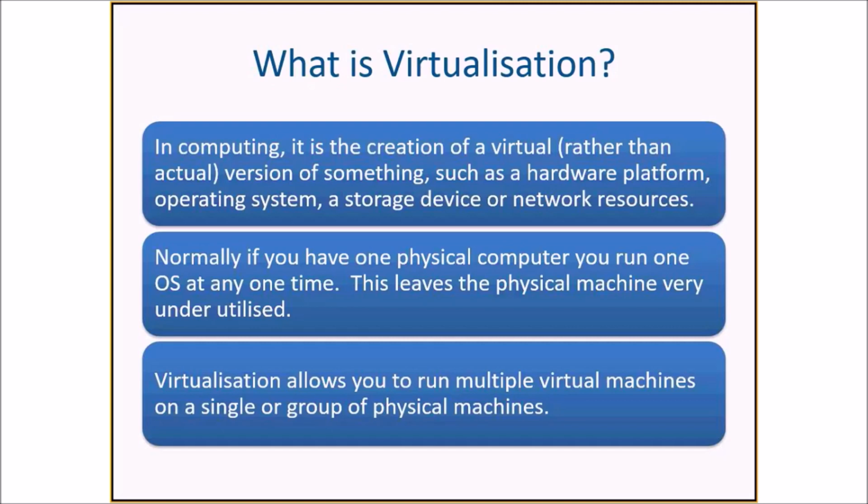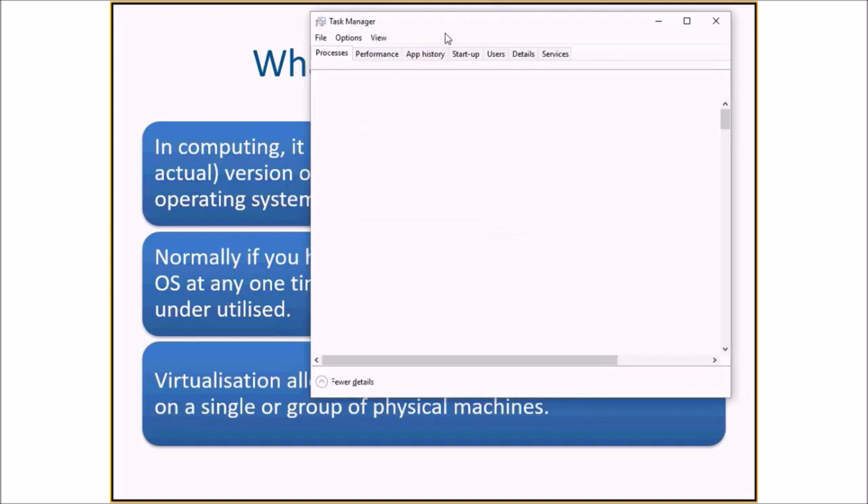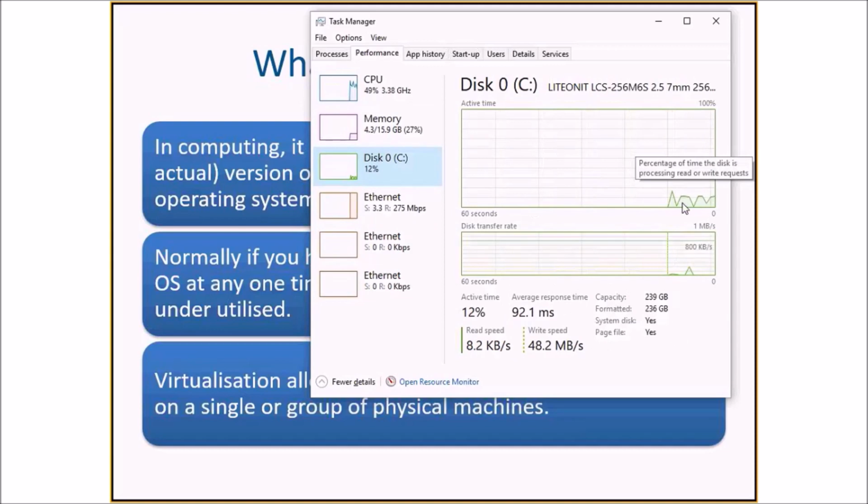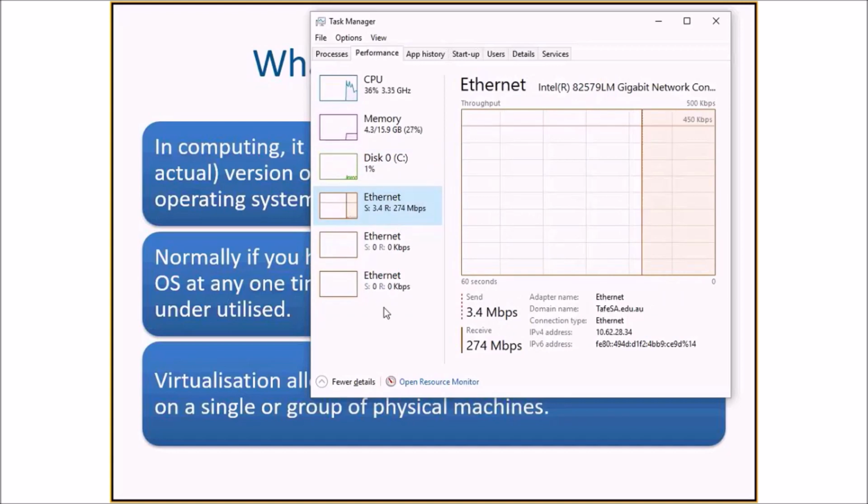So for example, if I look at my computer right now, and look at the performance, you can see that as far as the disk activity goes, not much is happening. If we look at the Ethernet, that's probably a bad example because right now I'm actually transferring a whole heap of files to my computer in the form of virtual machines.